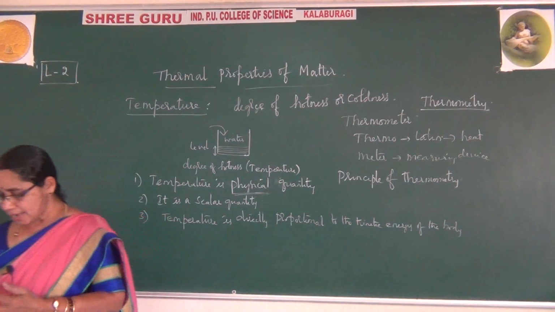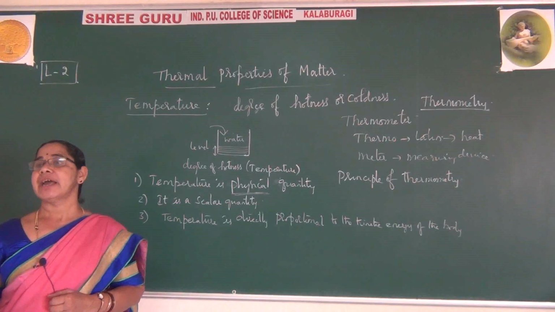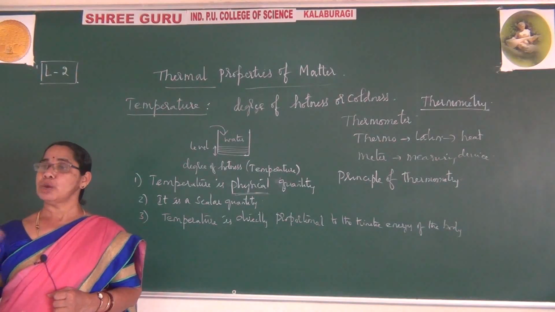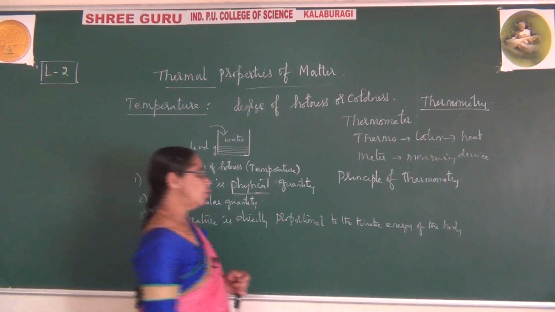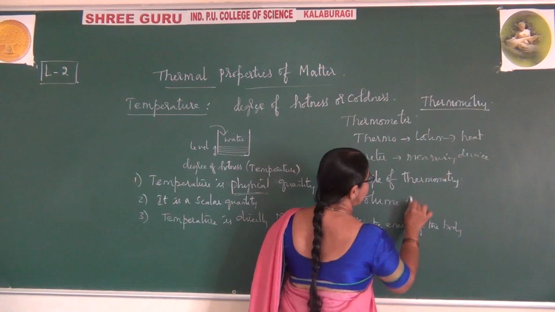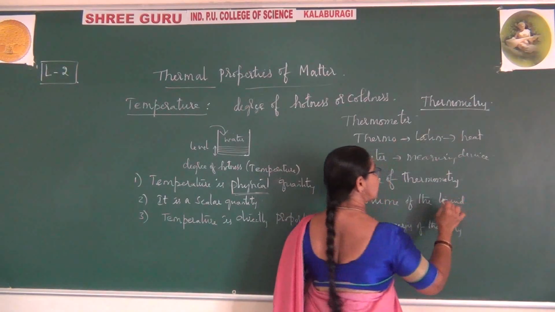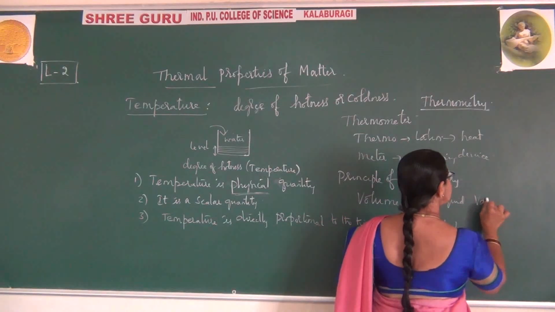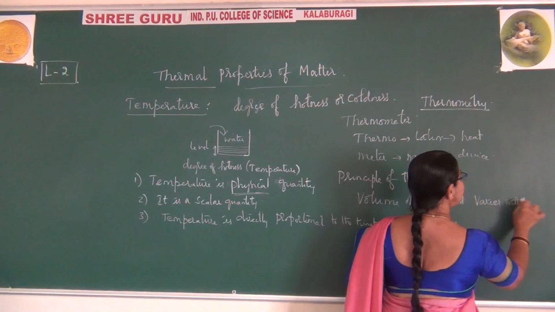A thermometer uses a measurable property, in which the volume of the liquid always changes with temperature. How does it vary?